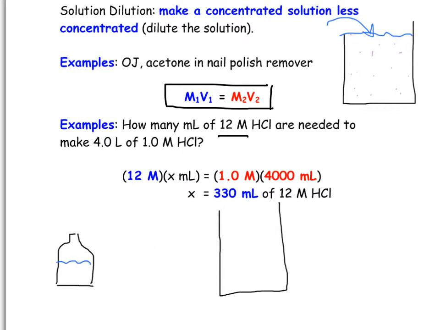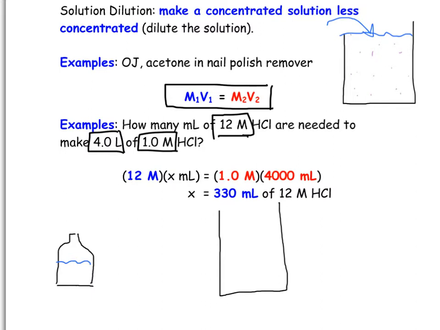So what this tells us is, if I want to dilute down my 12 molar HCl into being a 1 molar solution, and I want to make 4 liters of that solution, I want to know how much of that 12 molar solution I need to dilute down using water.